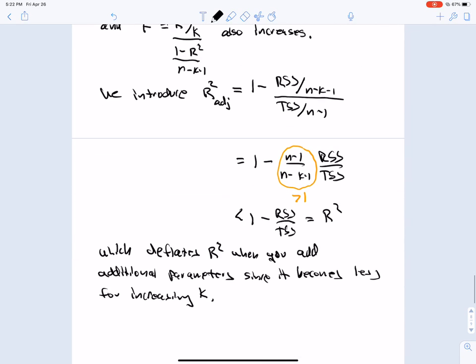If you do some algebra, you get 1 minus n minus 1 over n minus k minus 1 times RSS over TSS, and that is less than 1 minus RSS over TSS, which is R squared. So R squared adjusted is smaller than R squared. It deflates R squared when you add additional parameters, since it becomes less for increasing k.